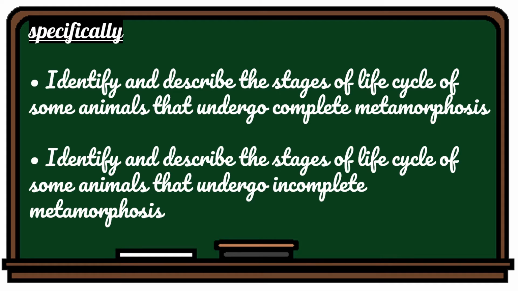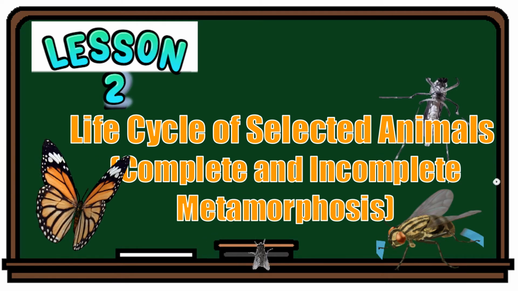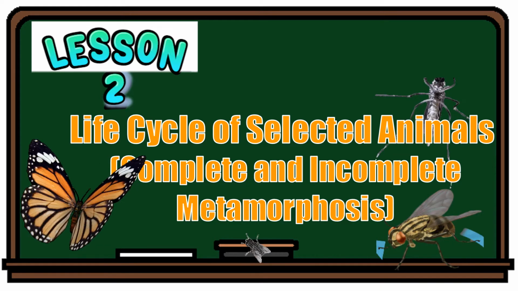Identify and describe the stages of life cycle of some animals that undergo incomplete metamorphosis. Lesson 2 talks about life cycle of selected animals, complete and incomplete metamorphosis.